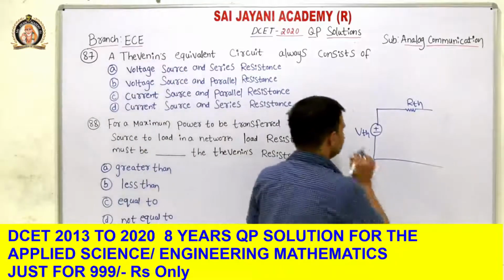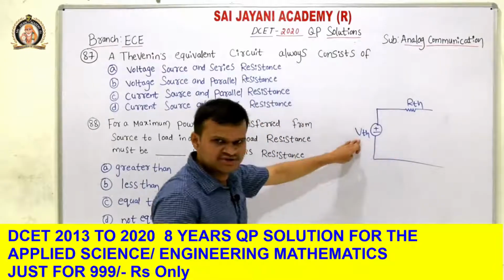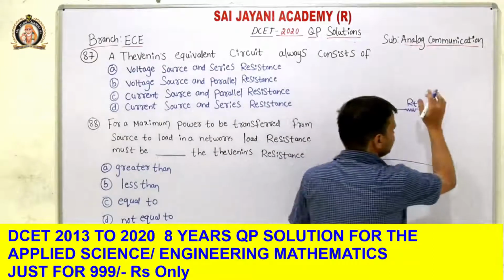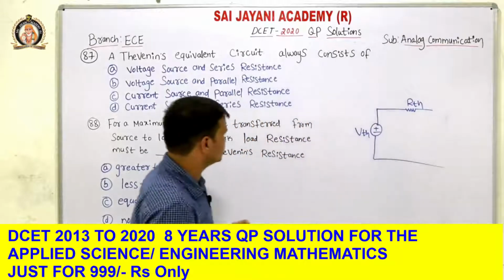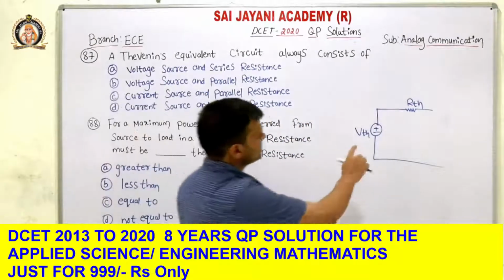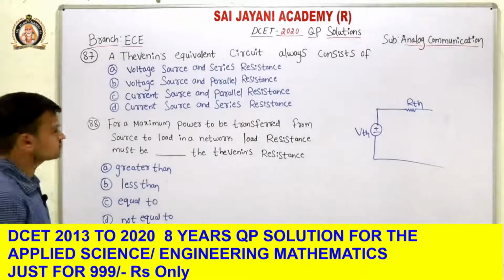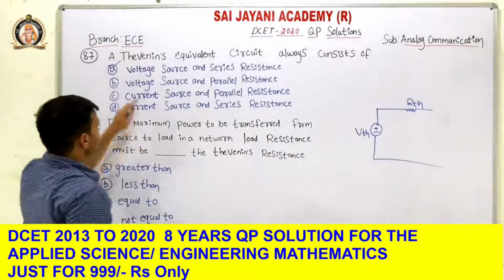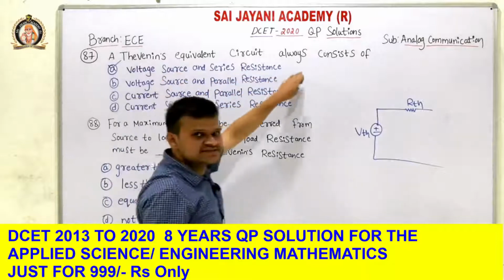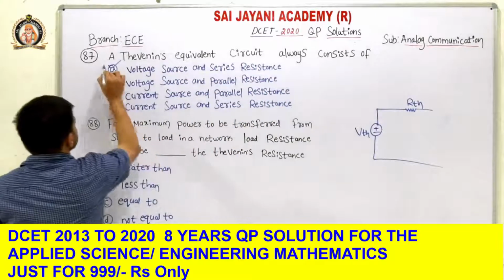It has mainly VTH, that is Thevenin's voltage, and RTH, that is Thevenin's resistance, and these are connected in series. So for question number 87, option A, that is voltage source and a series resistance, is the right answer.